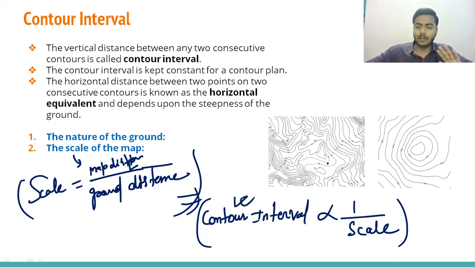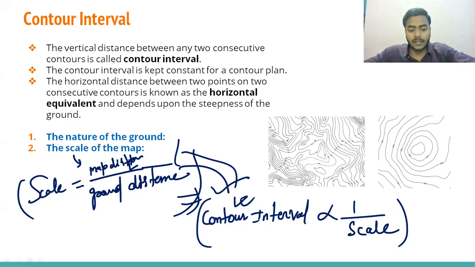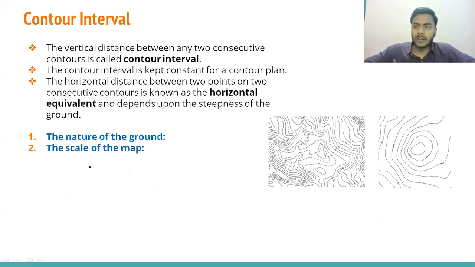On the other hand, when the scale is very small, the ground distance represented on the map is large. So we have to increase the contour interval. I am relating this ground distance with the contour interval. So roughly you can write that scale is inversely proportional to the contour interval, or contour interval is inversely proportional to the scale.